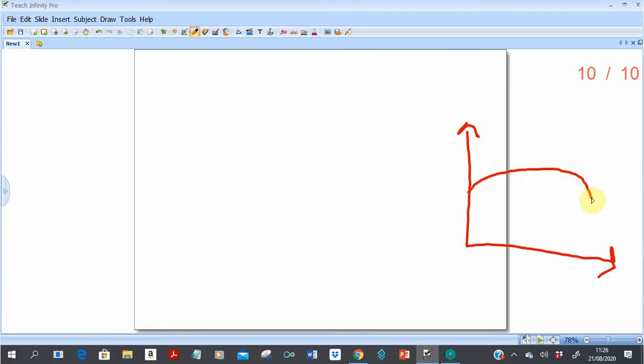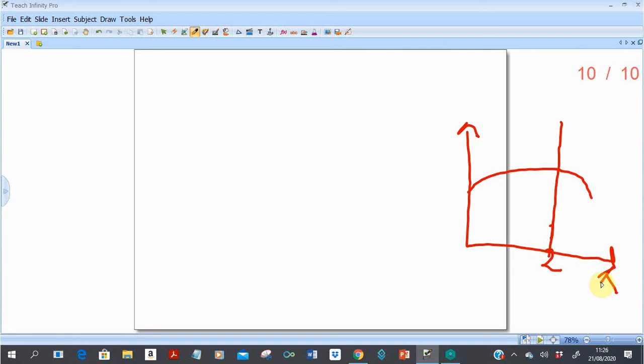Goes there. And we have a 2. So x is equal to 2. Remember, this is the line that is parallel to the y-axis. Okay. And what is the x-axis? The x-axis is there.